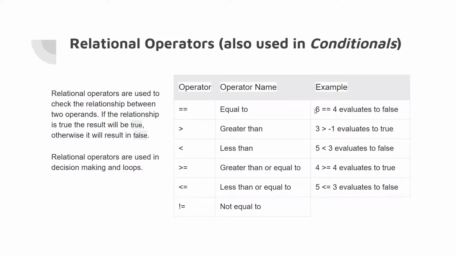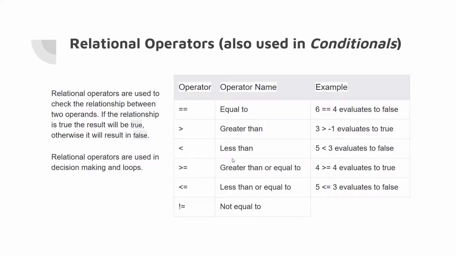So is 6 equal to 4? Notice this is a double equals. Otherwise, it would try to do an assignment, right? So we have a double equals for checking equality, different than a single equals. Be careful of that, especially as you start writing if statements and things, because you don't want to do an assignment, you want to do a condition.